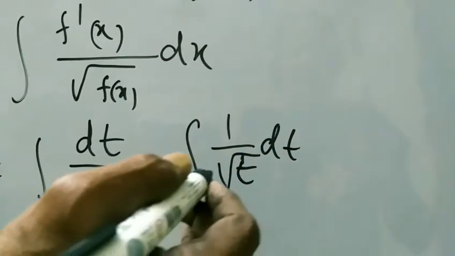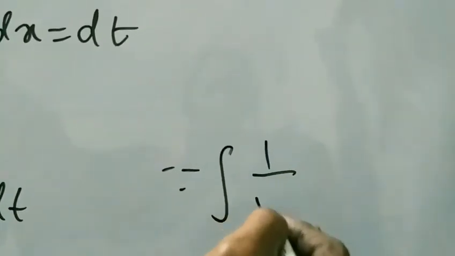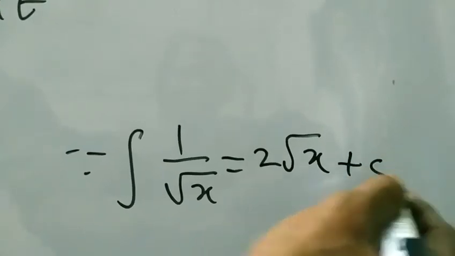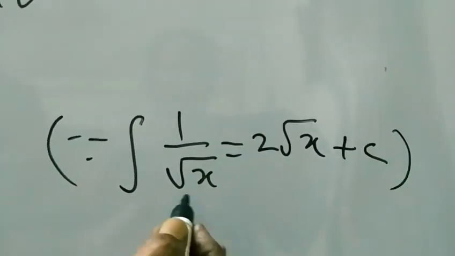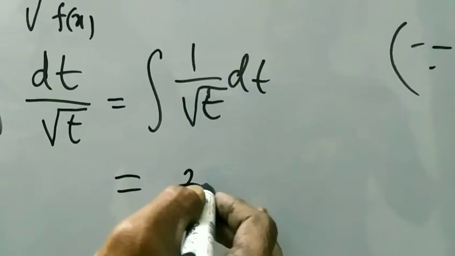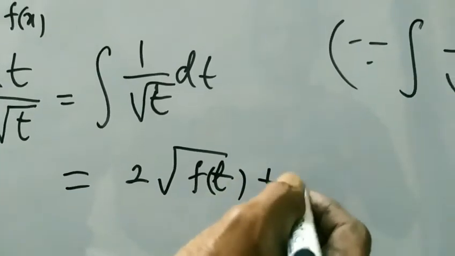Since integral of 1 by root x is equal to 2 root x plus c, by this formula we have 2 into root of t plus c.